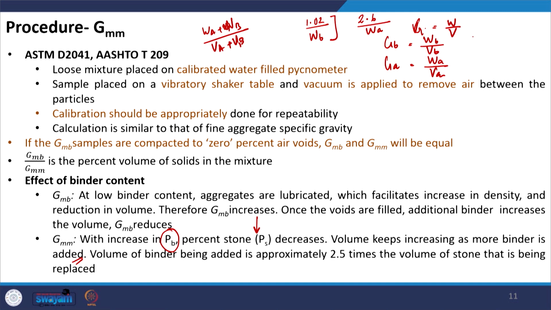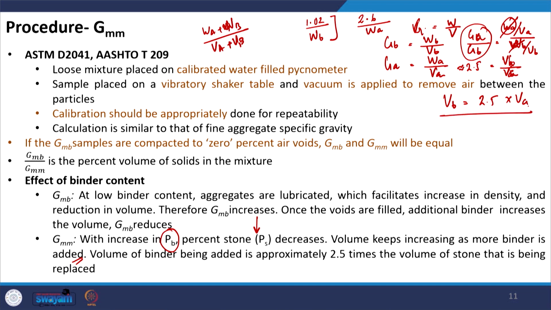So, which means if I take the ratio of the aggregate versus bitumen, so GA by GB is equal to WA by VA divided by WB by VB. If the weights are same, this will get cancelled. So, this is approximately equal to, let us say, 2.5. So, this is volume of bitumen by volume of aggregate. So, you see volume of bitumen is equal to almost 2.5 times the volume of aggregate.